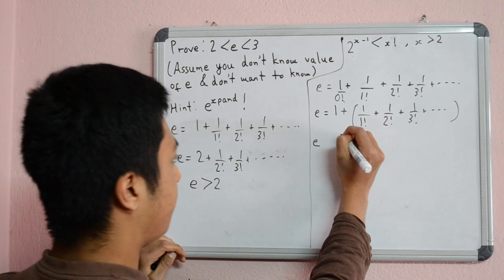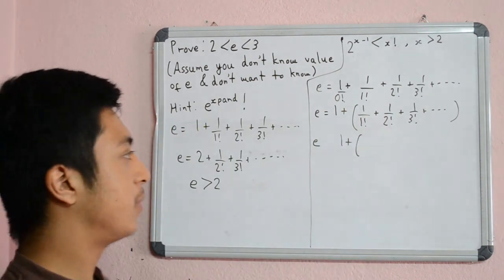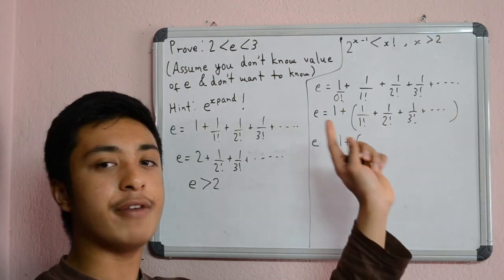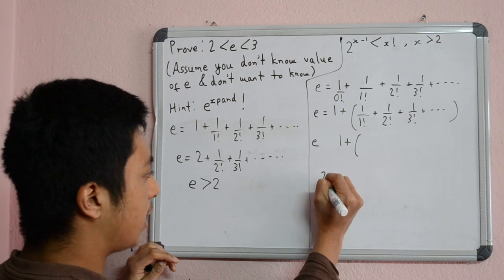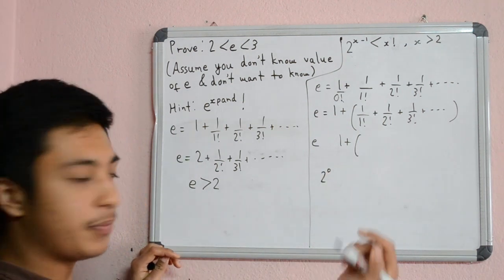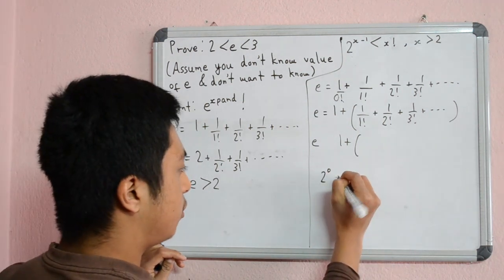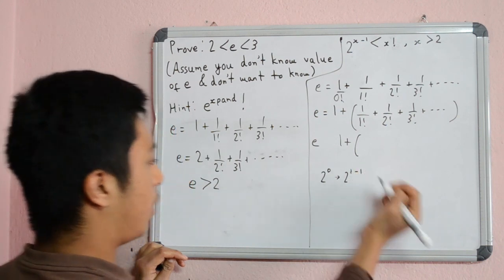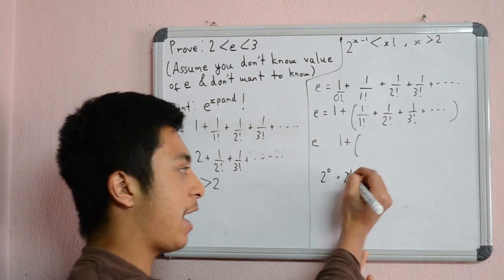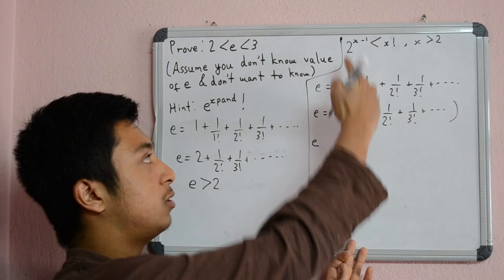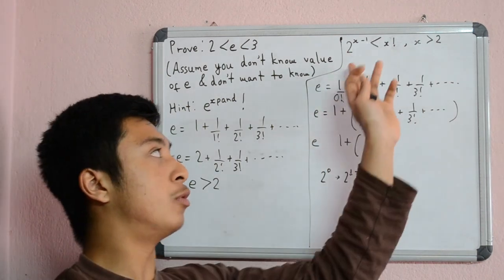And here, let's begin. So right here we have 1 by 1 factorial, and we know 1 is just 2 to the power 0, and 2 to the power 0 is equal to 2 to the power 1 minus 1.